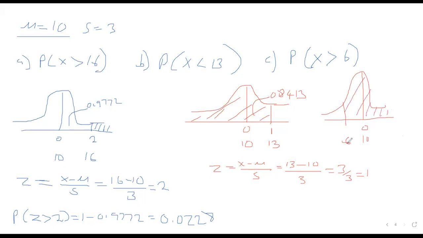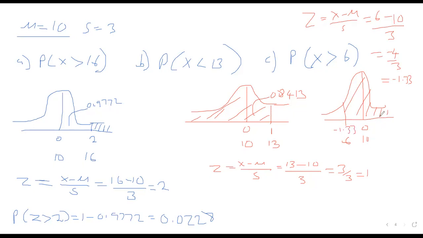So we standardize this 6. It is x minus mu over standard deviation. So 6 minus 10 over 3, which is negative 4 over 3. What do we get? Our z will be negative 1.33.